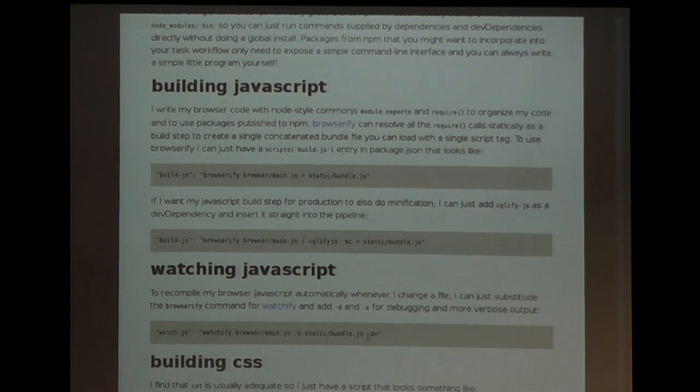Here he's combining not just the client-side but also server-side JavaScript down into one script include. He could also pipe it through Uglify or other things that you may have in your dev dependencies.